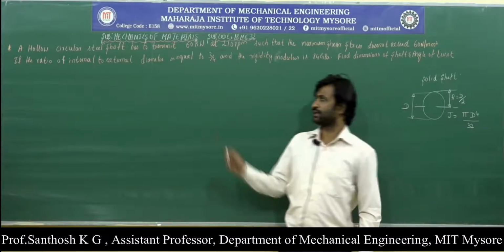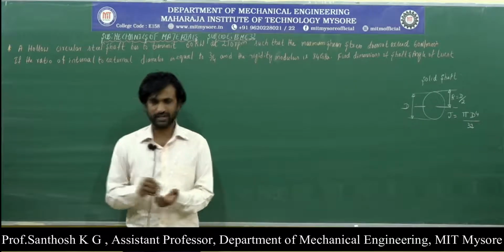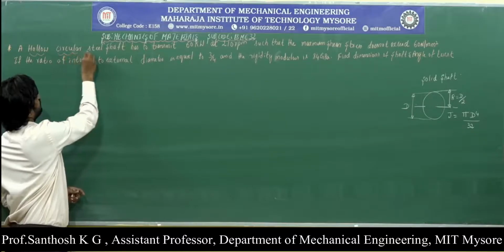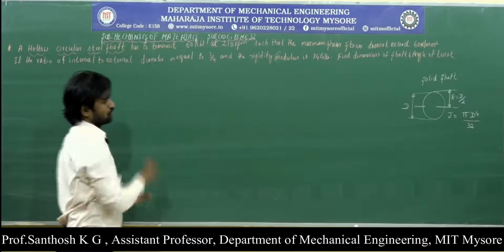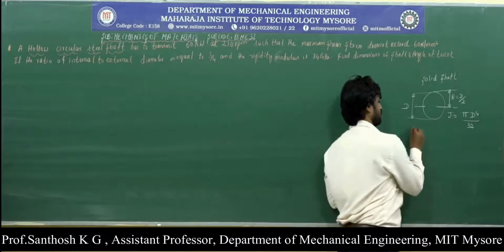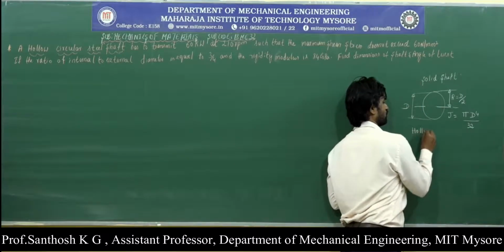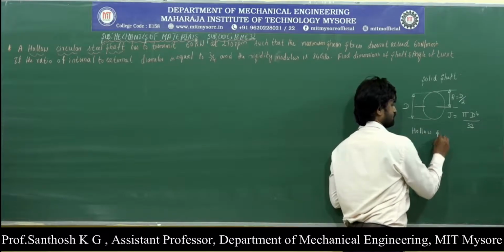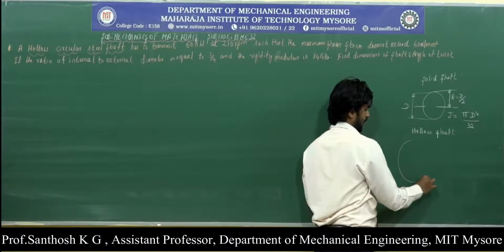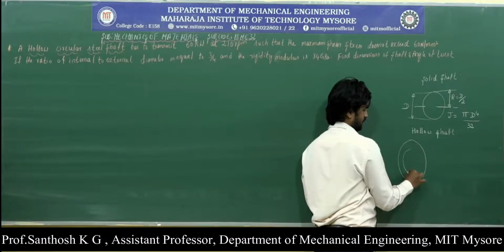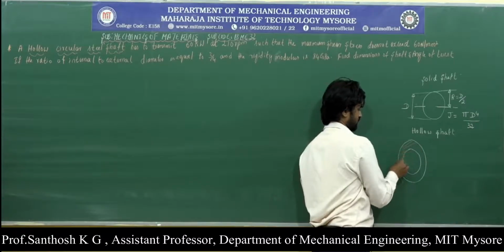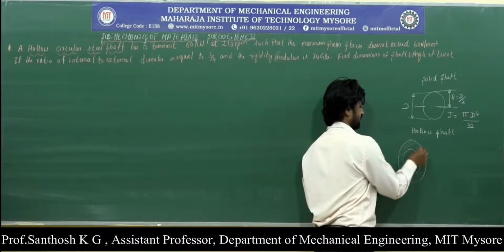But in the current problem, the type of shaft given is a hollow circular steel shaft. So, here instead of having a solid shaft, we have a hollow circular shaft, which will have a cross section like this. It is hollow at the center.